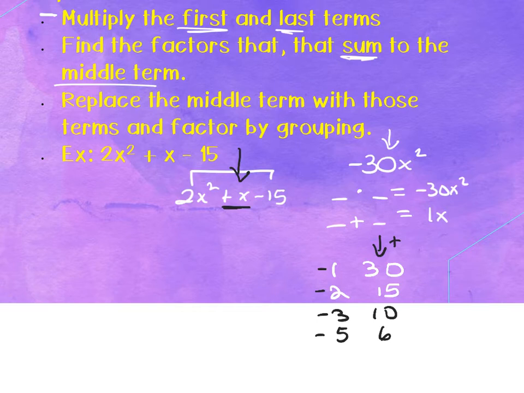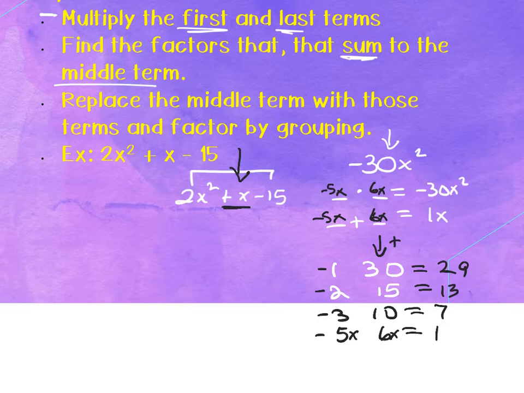Now I need to go through and add these to figure out which one gives me a 1. So this gives me 29, this gives me 13, this gives me 7, this is the magic. Okay, so now it's negative 5x and 6x, and negative 5x plus 6x gives me what I need. Now what we're going to do is replace the middle term with these two, and we turn our trinomial into a 4-term polynomial, and we factor by grouping.